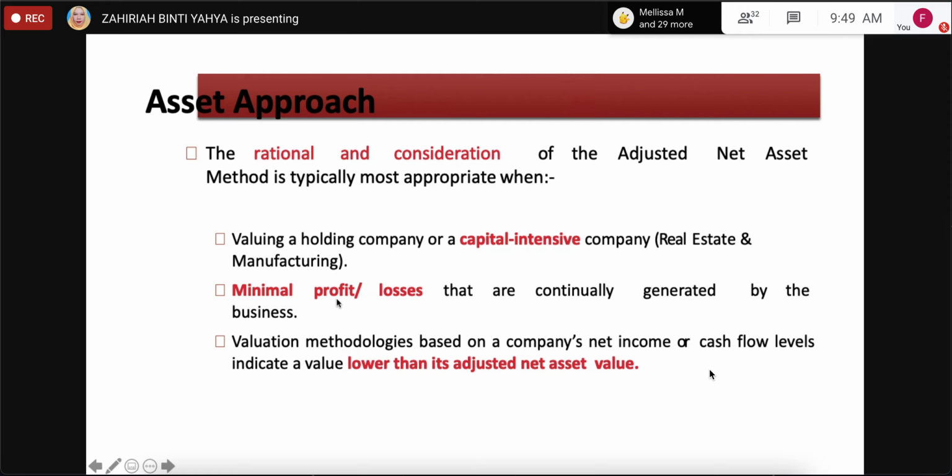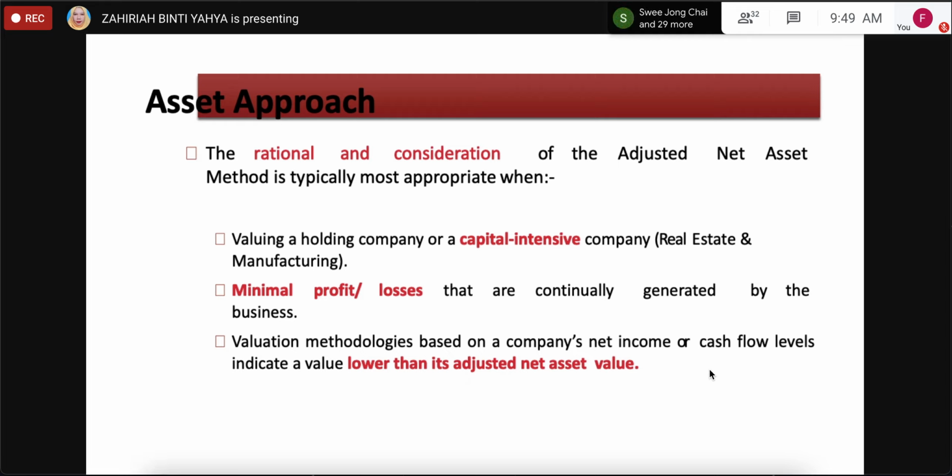Okay, and minimal profit losses that are continually generated by the business, and valuation methodologies based on company net income or cash flow level indicate a lower than adjusted net value. Kalau kita use the income approach, kita tengok the value tu lagi kurang daripada kita use the adjusted net asset value.